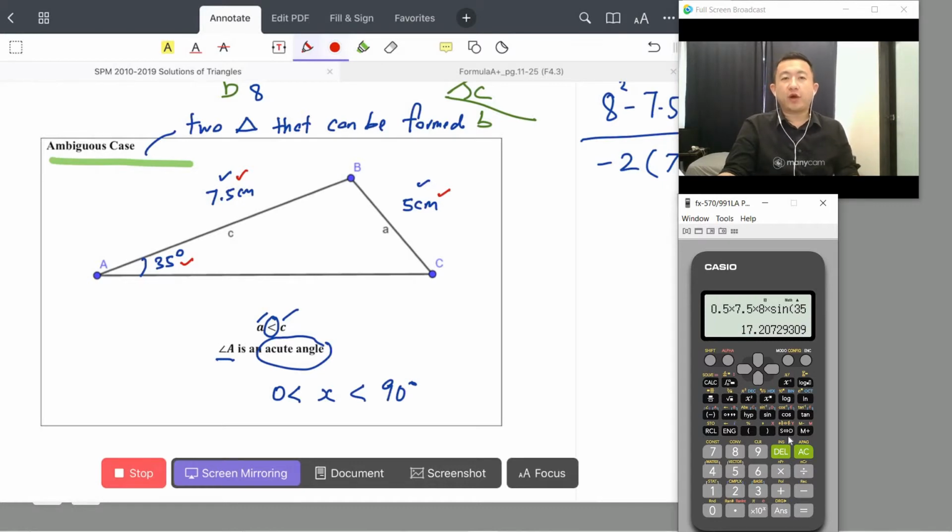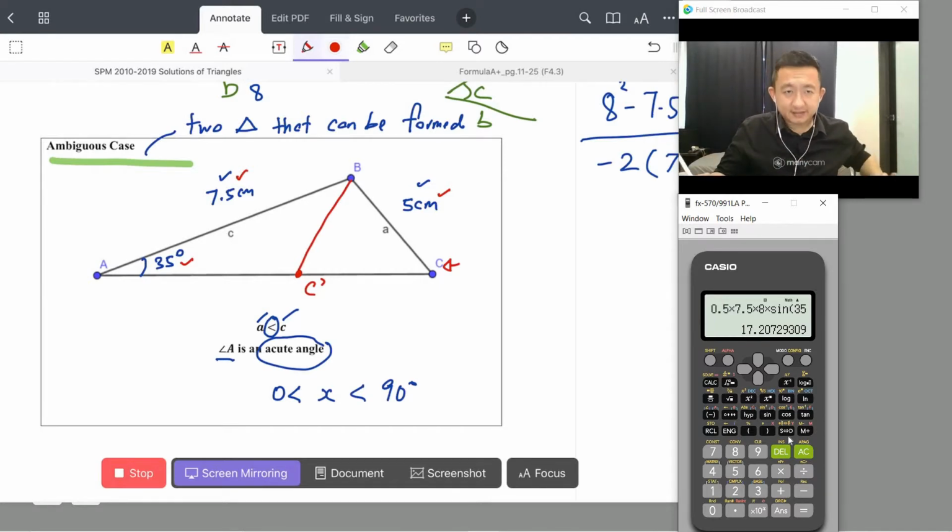But I will form another point here, and I will call this C prime. When you have a prime, it means a new point. It's an image from point C, and I will draw it like this, so it will have a different shape.